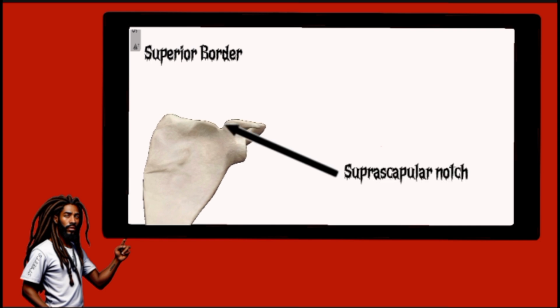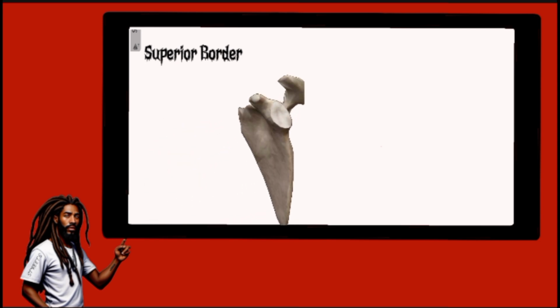It gives passage to the suprascapular nerve before the nerve turns and follows the spinoglenoid notch. So that is how the suprascapular nerve descends along the superior border before getting to the dorsal surface. There is one ligament that covers the suprascapular notch and converts it into a foramen.